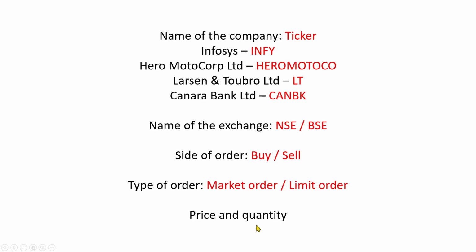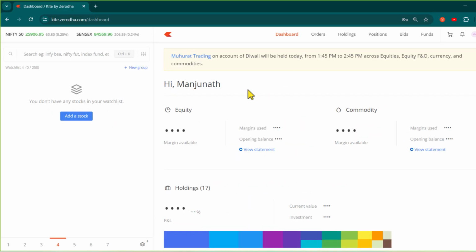Alright. Let me go to my desktop and show you how to place an order. Alright. So I am now in the dashboard of my Zerodha account. Zerodha has a web version and also an application which can be installed on the mobile phone.